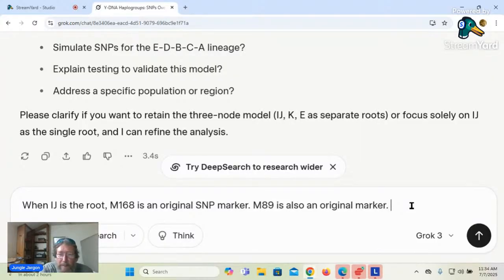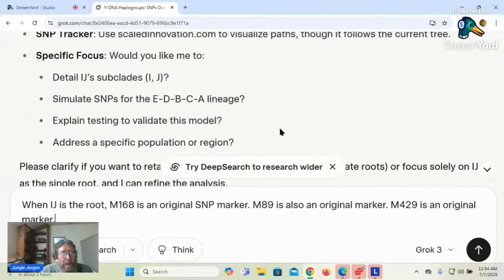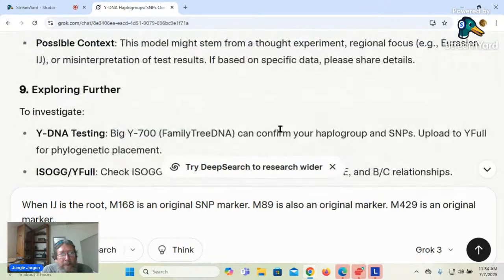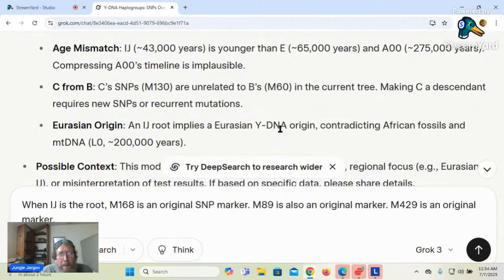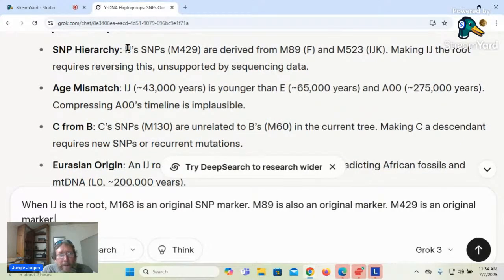M429 is the original marker. Okay, make sure that's the right SNP marker. M429. IJ, yeah, right there. 429, right. And M89.